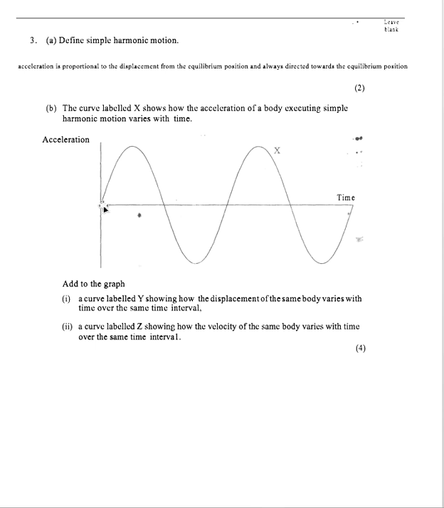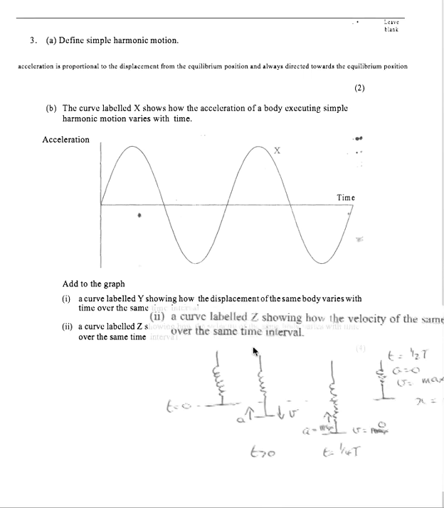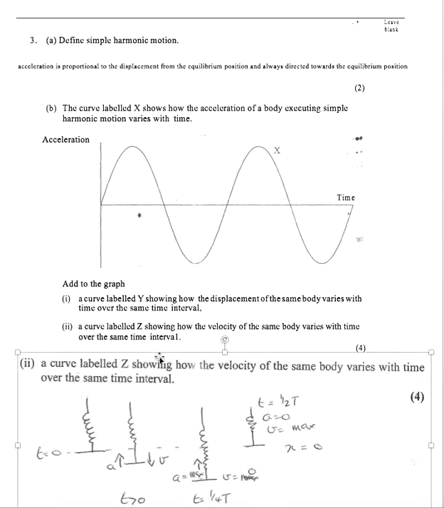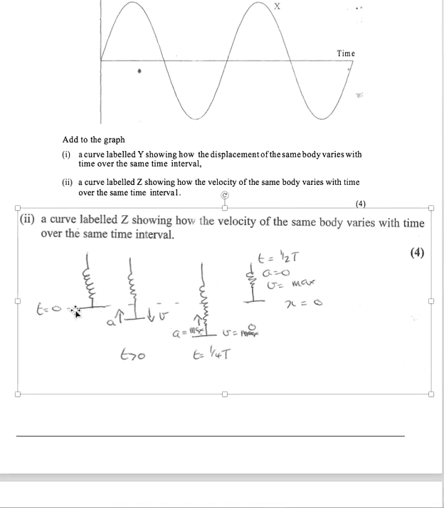So if you think about your mass on a spring, let me just bring this in here for you. Here's my t equal to 0. At some time later, it's moving down at this point. At some time later, it is below the equilibrium position.